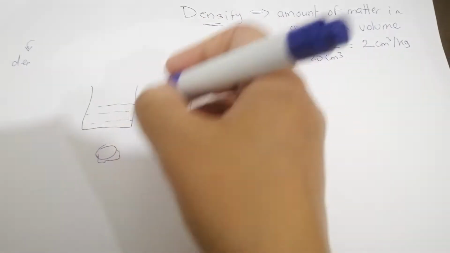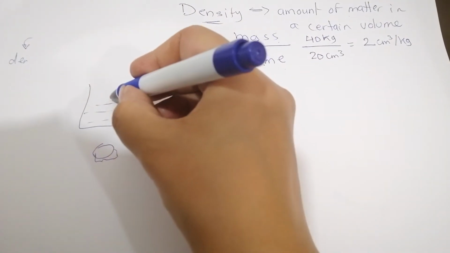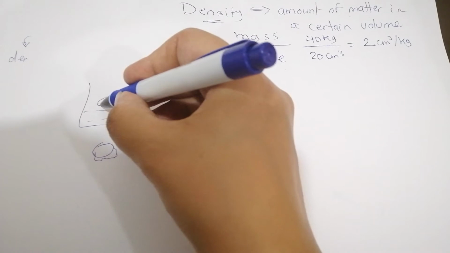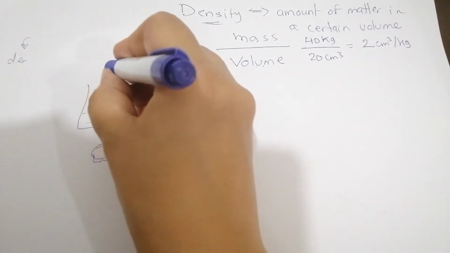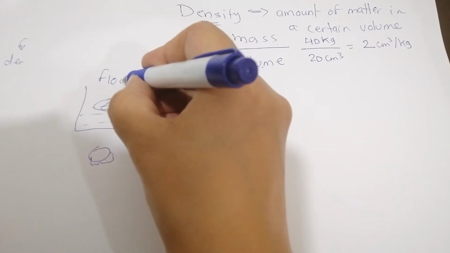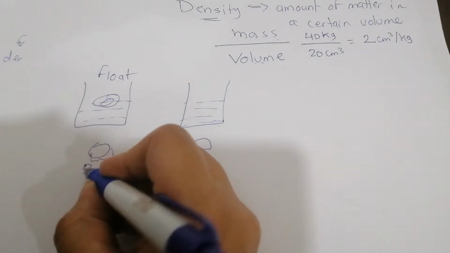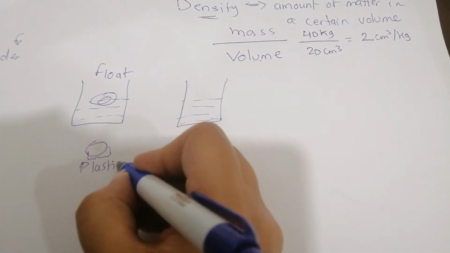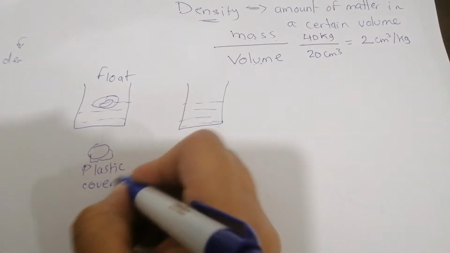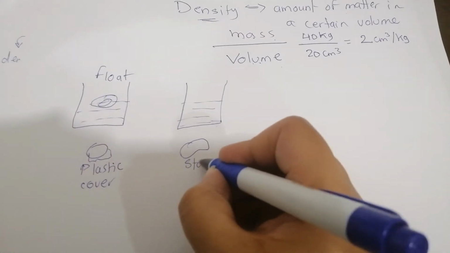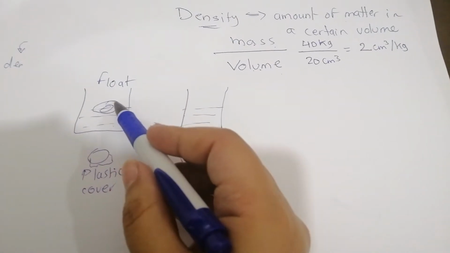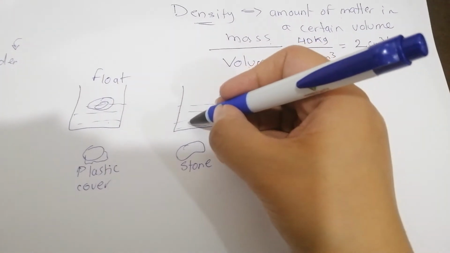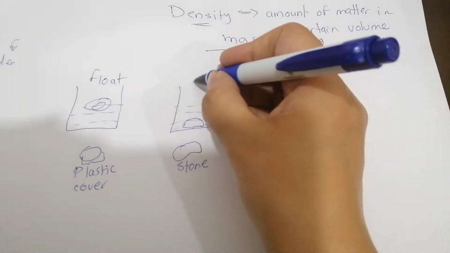Here I will put the plastic cover. What will happen to it? I will find that it will float. This is the plastic cover, and this is a stone or a rock. The plastic cover will float while the stone will sink.